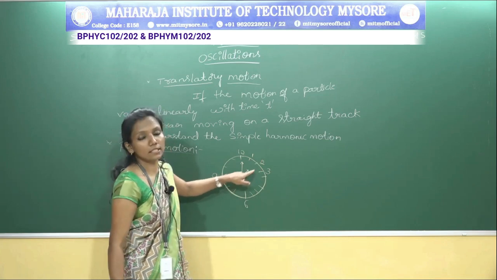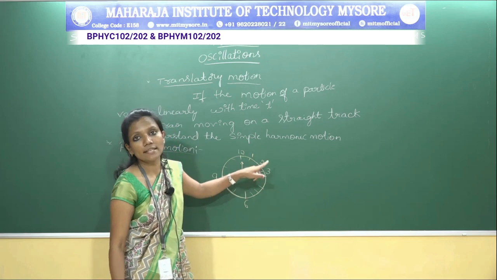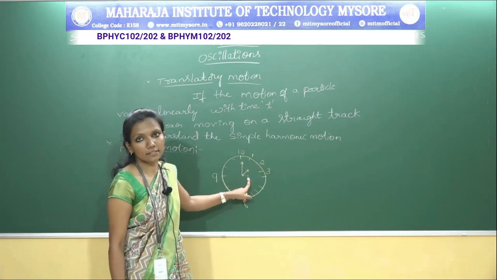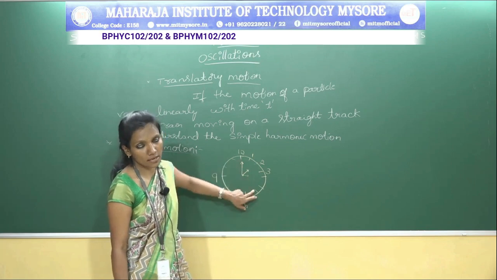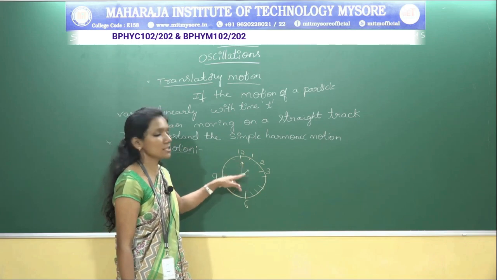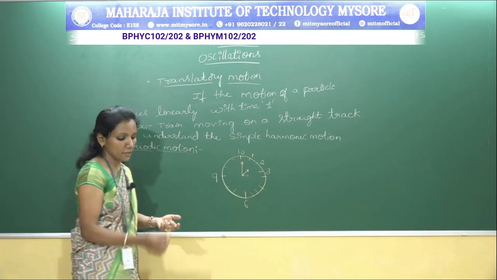After 60 minutes that hour hand will come back to its same position. Similarly, after 60 seconds the minute hand will come back to its same position. So like that the hands move, and that type of motion we call periodic motion.